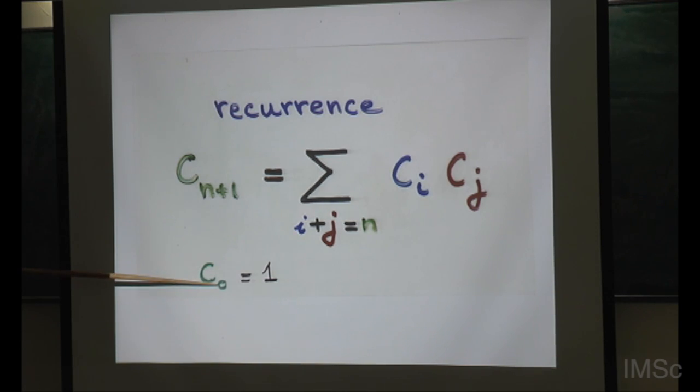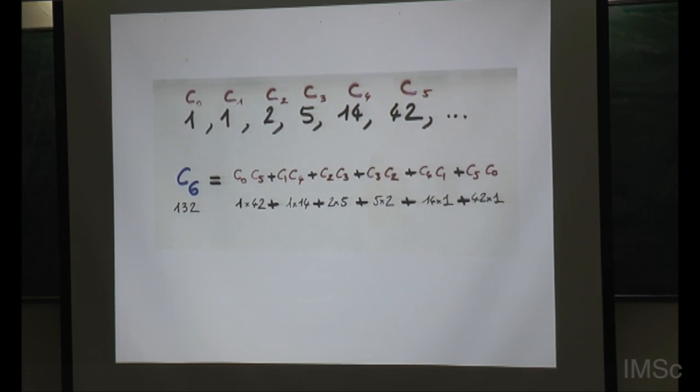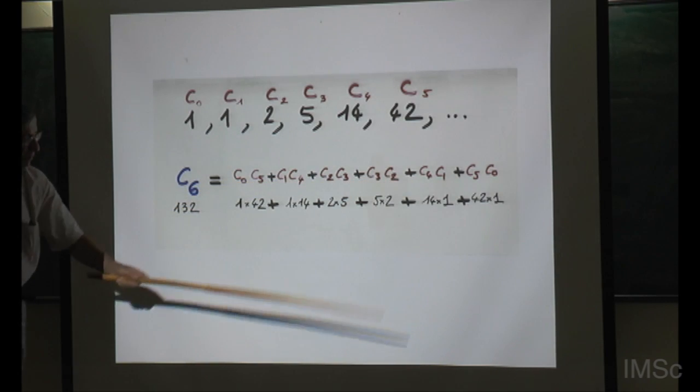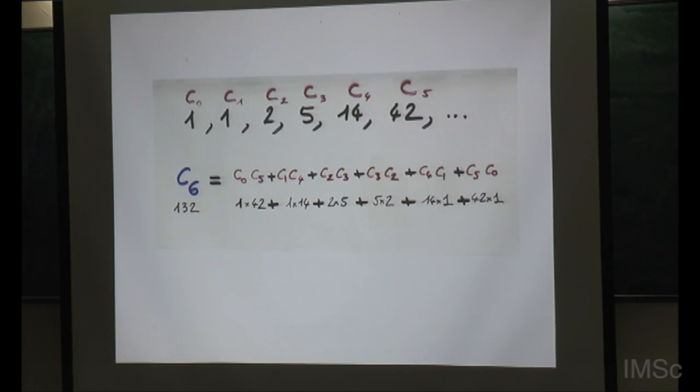To start the recurrence, the number of binary trees with no internal vertices, just reduced to a point, to a leaf, is 1. So you can play with this recurrence relation and you get all the numbers: 1, 1, 2, 5, 14, 42. For example, C6, 132, is deduced from this recurrence relation.